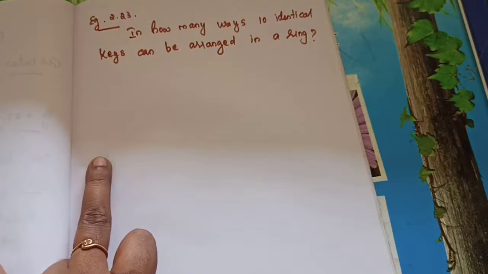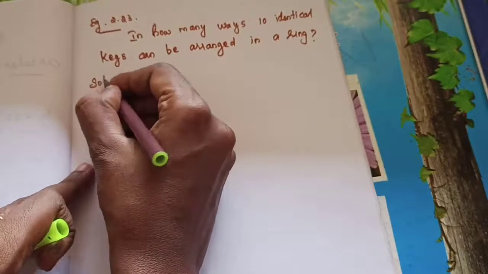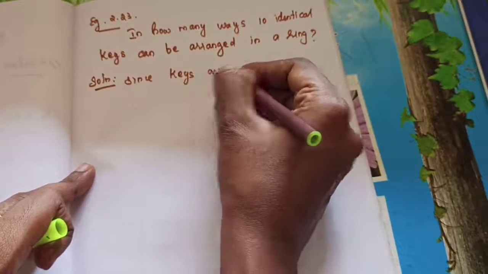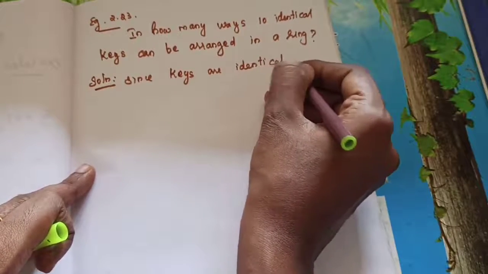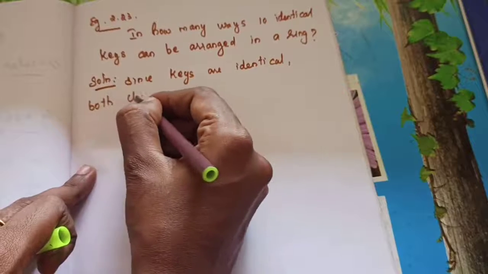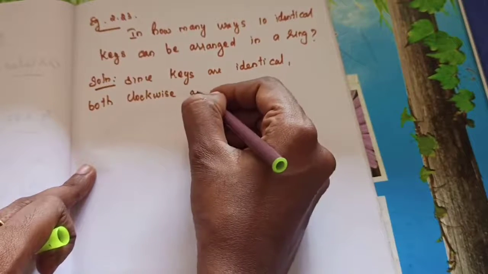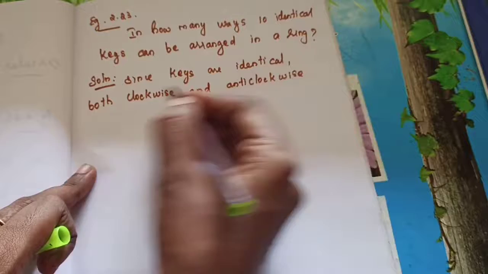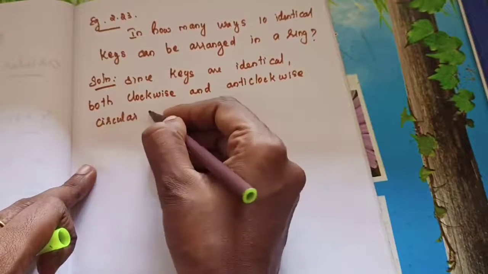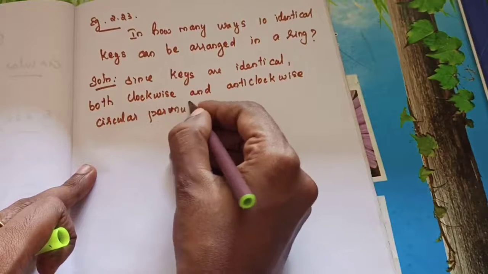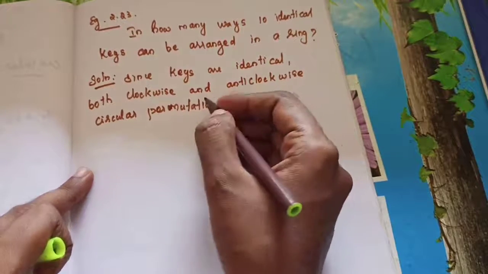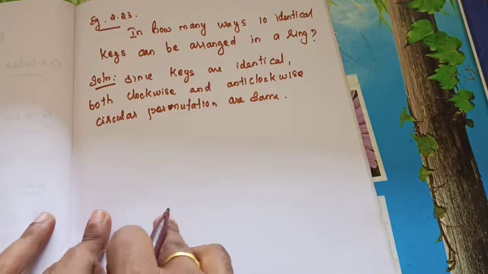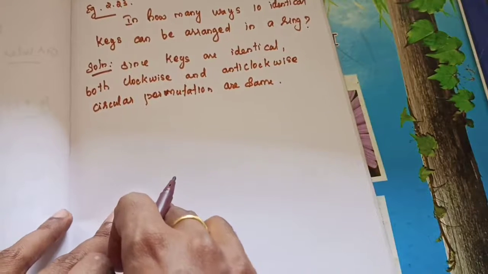Since we need to write one line there: since keys are identical, both clockwise and anti-clockwise circular permutations are the same.